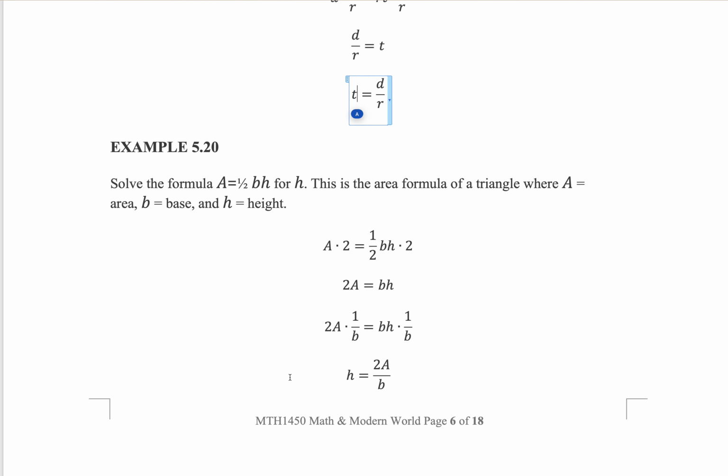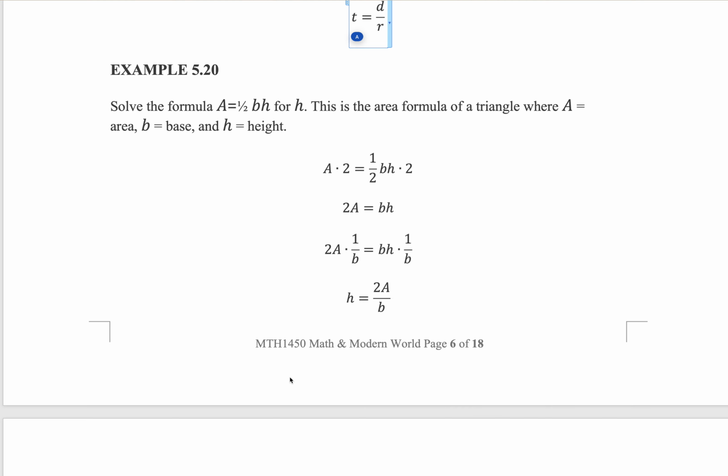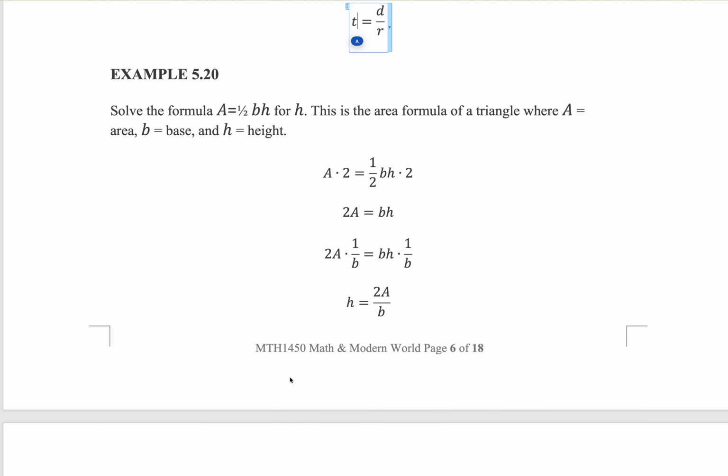And one more example for this section. It is solving for h. This is the area of a triangle. The area of a triangle is 1/2 times the base times the height, and we want to solve for h. I suppose it should be a pretty simple thing, right?